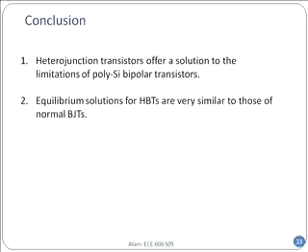Now, the equilibrium solution of the HBT, of course, is just like normal BJTs, bipolar junction transistors, but of course, I have many more options, type 1, type 2, type 3, depending on how the bands bend and what materials you have. Now, if you do not follow the rules, there's no hope that you will get these band diagrams right, because this is complicated enough that you can never memorize these things.